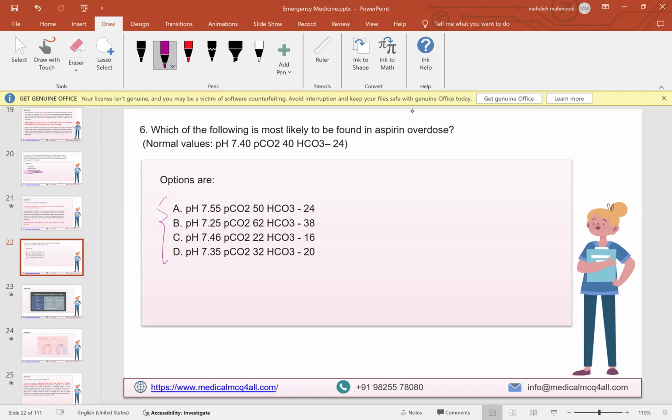Respiratory alkalosis. That is a good option. Now, what about option D? Let's talk about it. Aspirin poisoning.